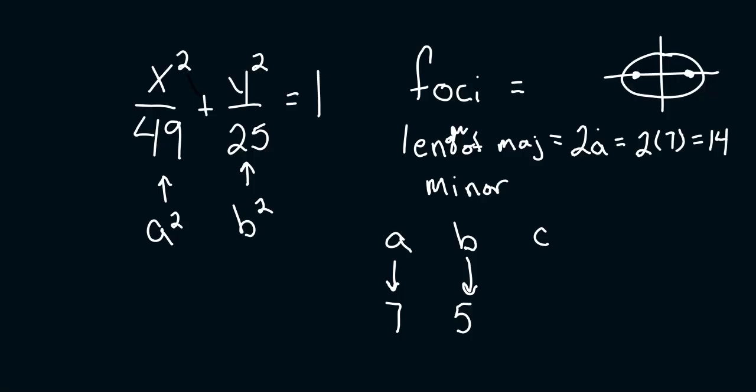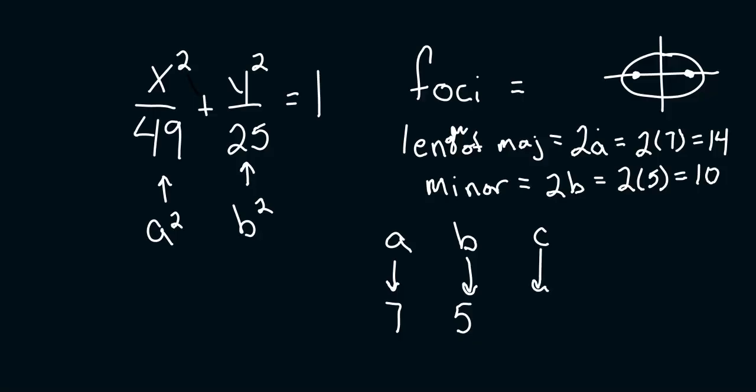I was going to say it'd be better if you tried this problem on your own, but I'm too late. So our minor axis, we'll do 2 times B, which is 2 times 5, which is 10. All right, that's not too bad, right? Square root them, double them for the lengths.